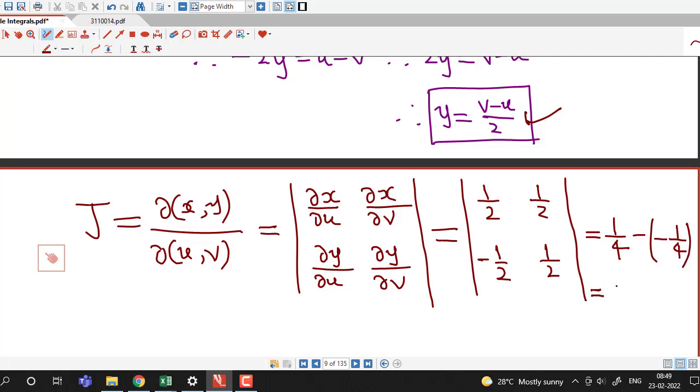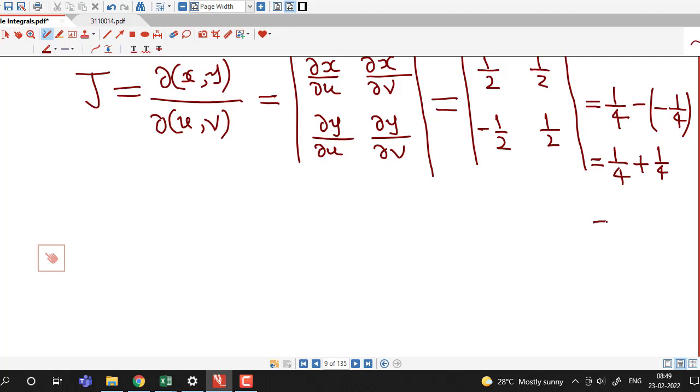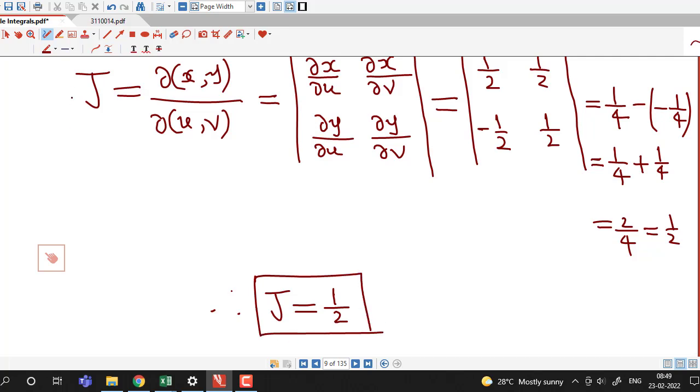So this is going to be 1 by 4 plus 1 by 4, that is 2 divided by 4, which is equal to 1 by 2. So therefore the Jacobian of xy with respect to uv is 1 by 2. This we will require in the formula of change of variables.